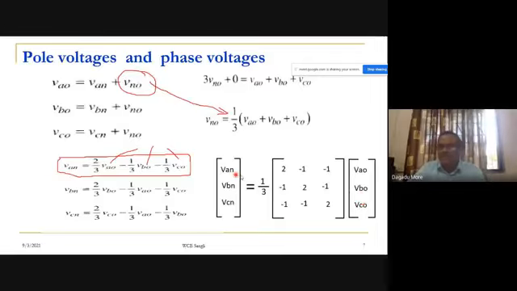For each state, is it possible to find out VAN, VBN, VCN? Yes. For each of the 8 switching states, we can find out VAN, VBN, and VCN.